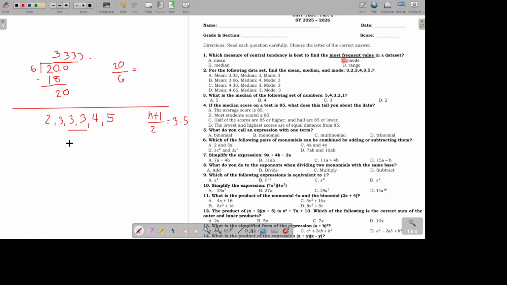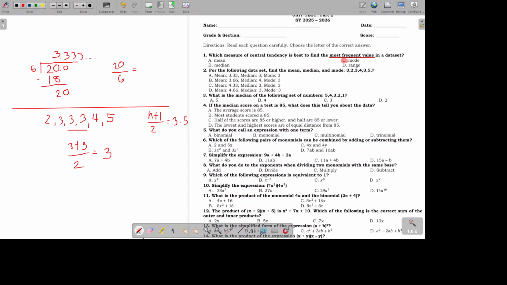So this is the third and the fourth. So what we do there is we add those two, but since they are the same, it's obvious that you will get 3 anyway. But just for the sake of exemplifying, 3 plus 3 divided by 2 is 6 divided by 2, which is also 3. So our median is 3. So it checks out with letter A as well.